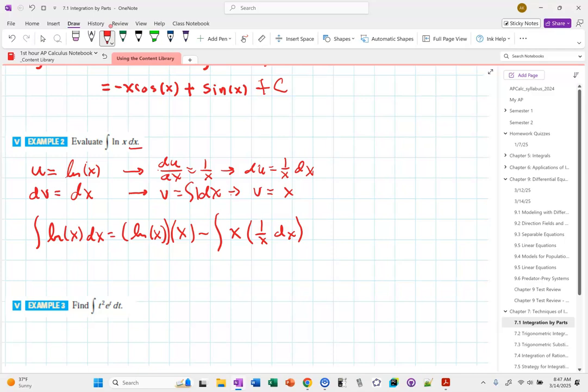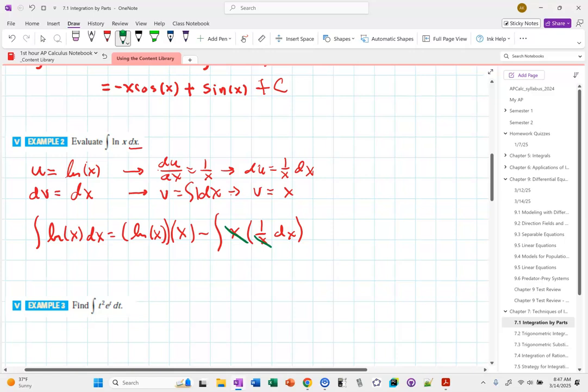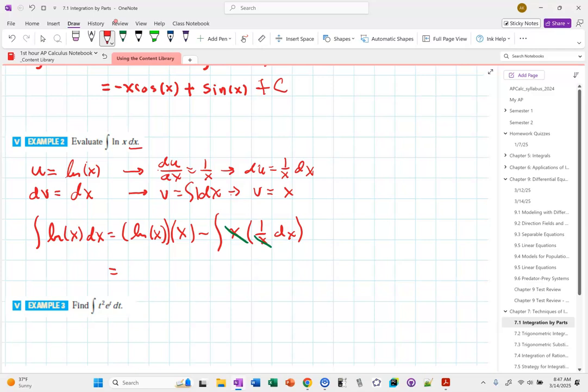Everybody's okay? What do I notice here? So again, what's the integral of 1 dx? Just x. And then I'll tack the plus c on at the end, and we're done. Everybody feel okay? So far, so good?